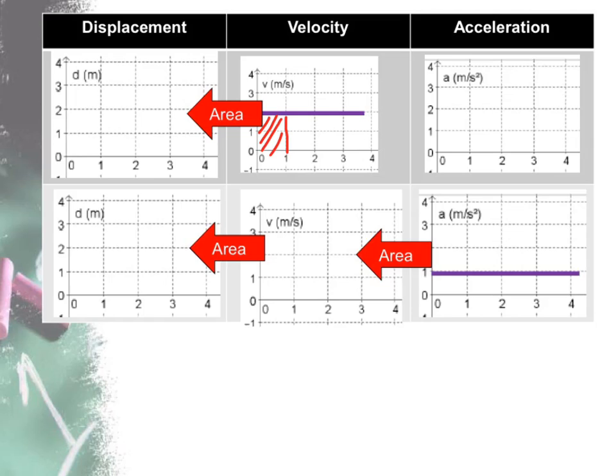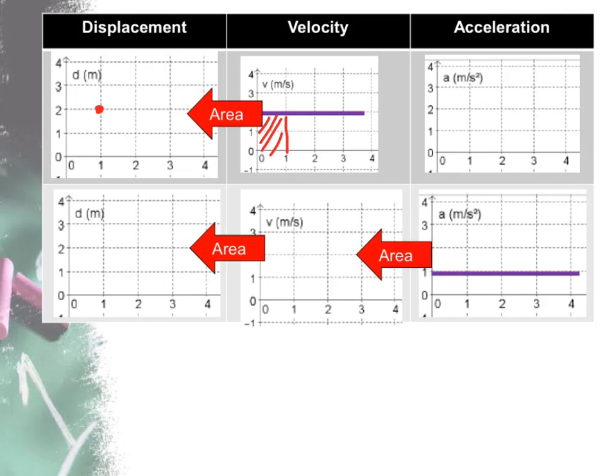So after 1 second, I would find the area enclosed by this rectangle from 0 to 1 second, and from the x-axis up to the graph itself. I have a rectangle that is 1 second by 2 meters per second. So 1 times 2 is 2, which means that after 1 second, my displacement is positive 2.